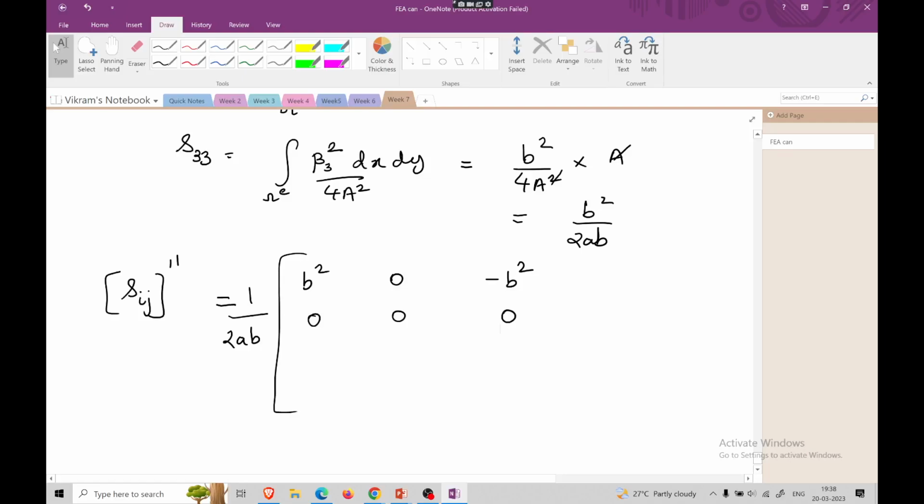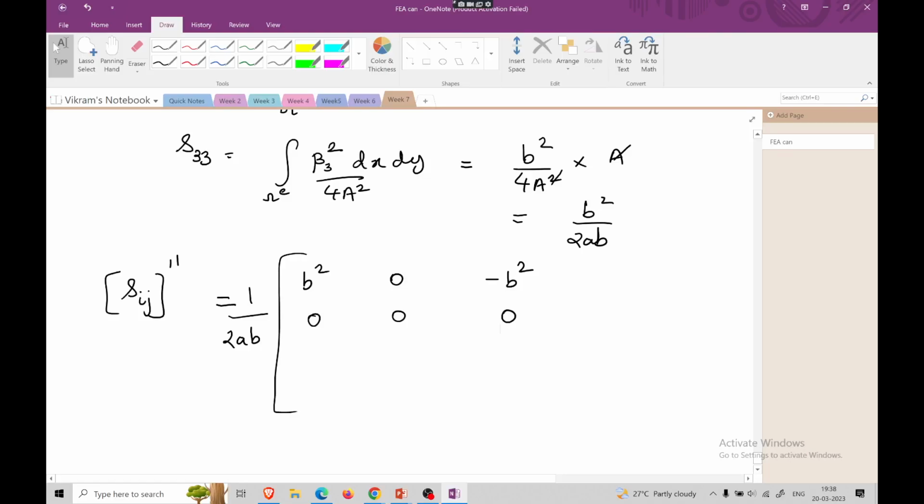So what is S12? Gamma 1 gamma 2 dx dy. Gamma 1 is minus a. What is gamma 2?